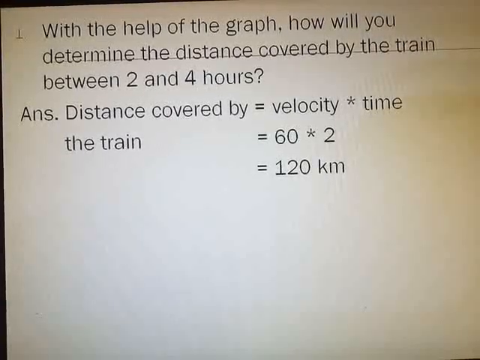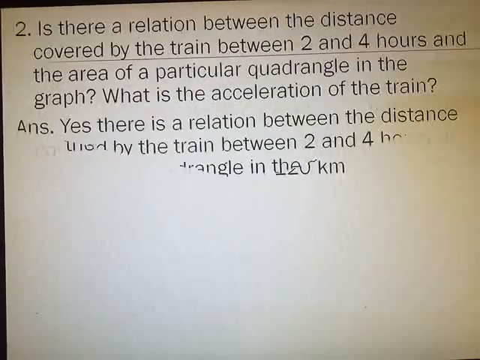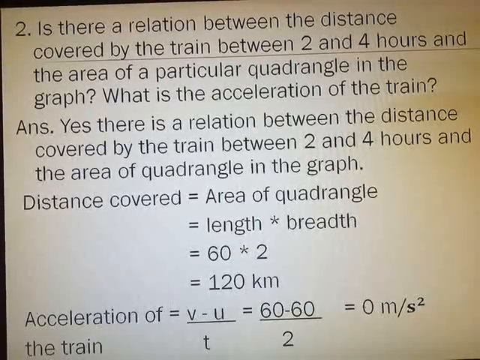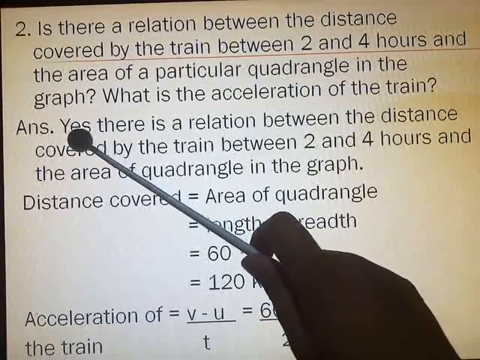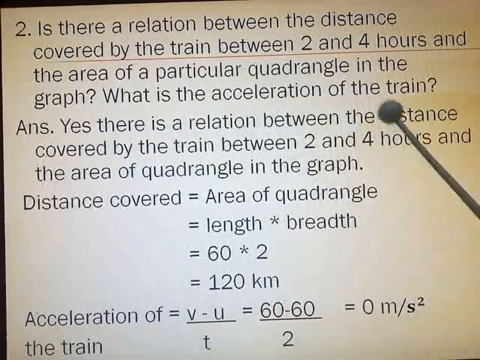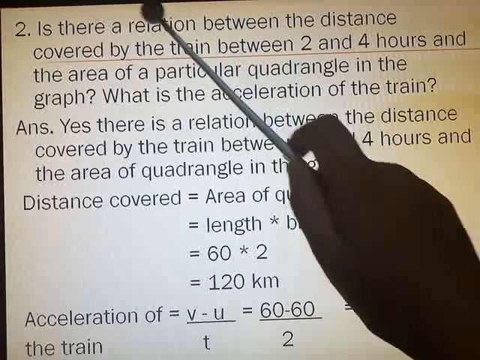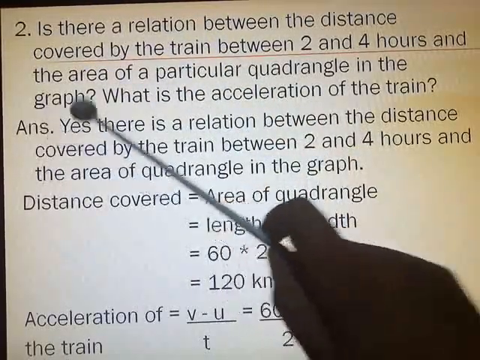We move on to our next question. Is there a relation between the distance covered by the train between 2 and 4 hours and the area of the particular quadrangle in the graph? Surely there is a relation, so our first answer should be yes.